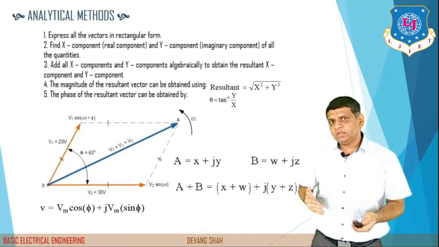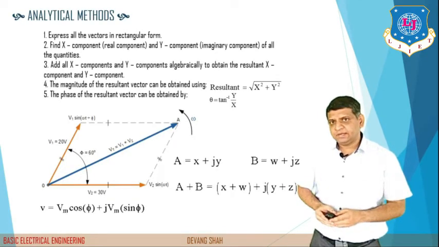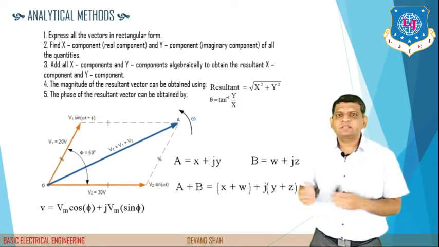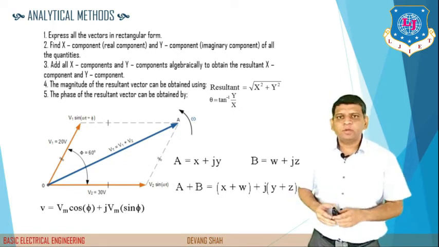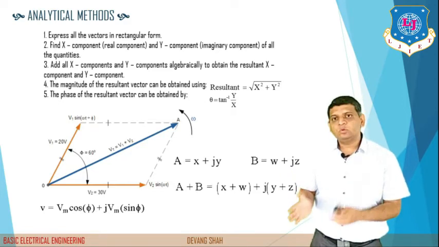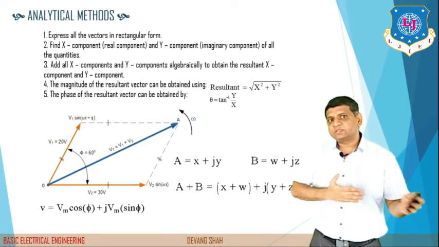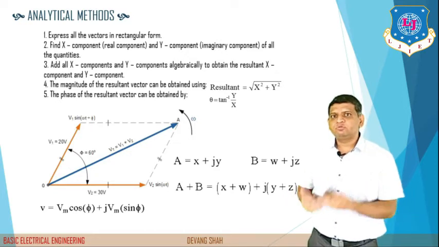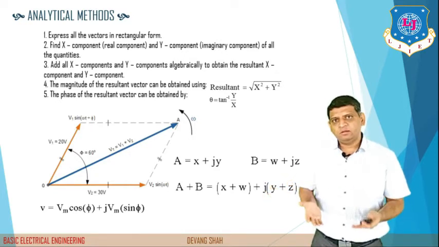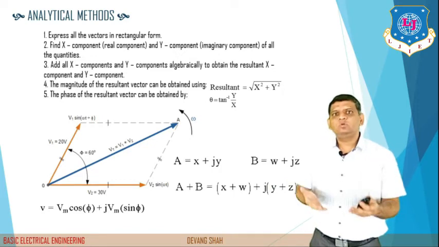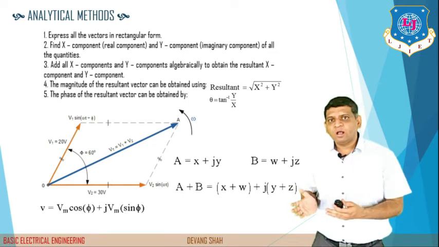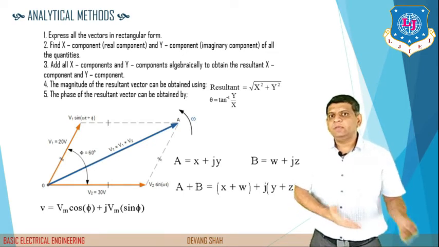Now the same thing if you want to take as an analytical method, you can see here you have total two components, x-axis component and y-axis component. So if you have any particular equation like I is equal to Im sin(omega t plus theta), then my first job is to find the x component and y component. X component I can find from x is equal to Im cos theta, and y component I can find as y is equal to Im sin theta.